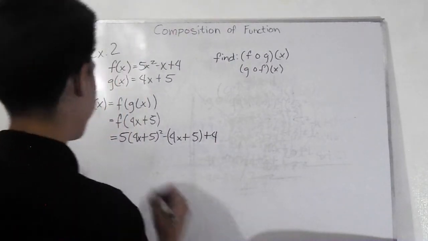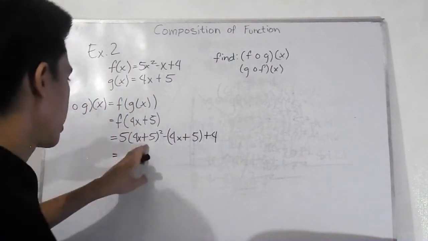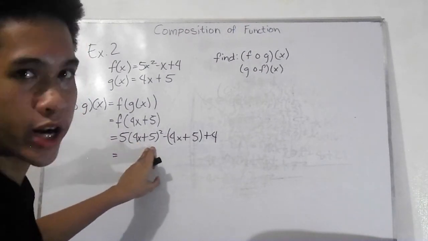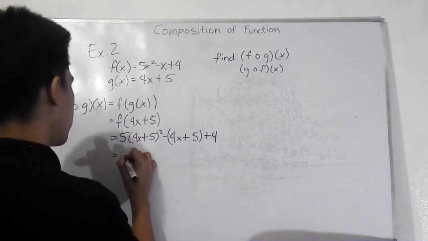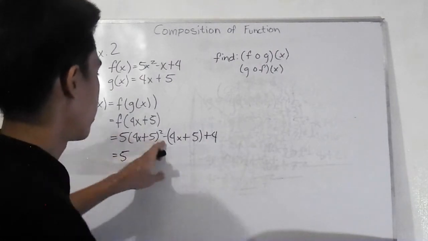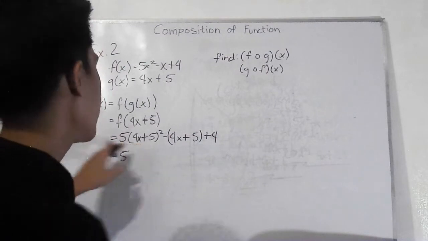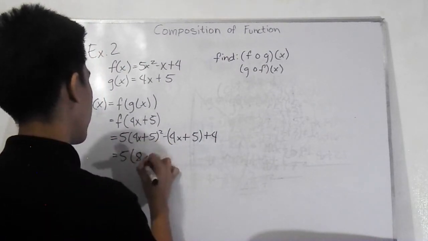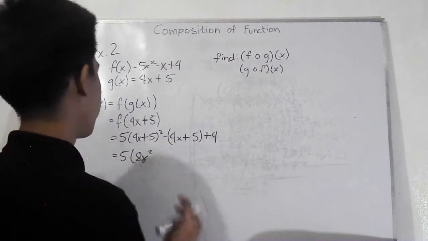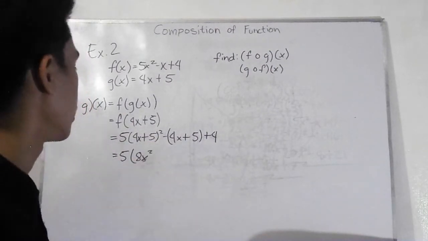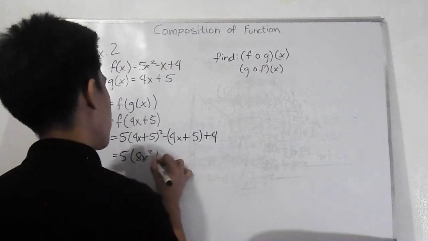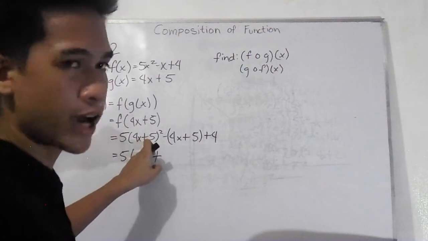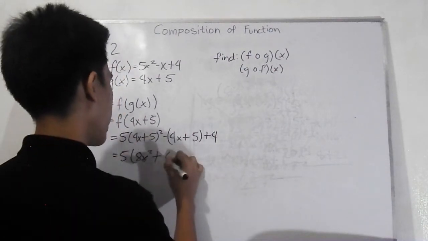Next is, this is a square of a binomial, so we need to square it. So 4x squared will be 16x squared, plus 2 times 4x times 5 is equal to 40x.